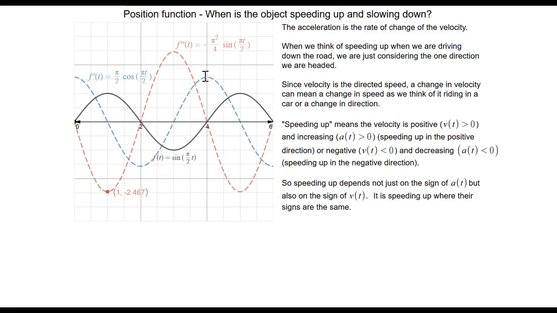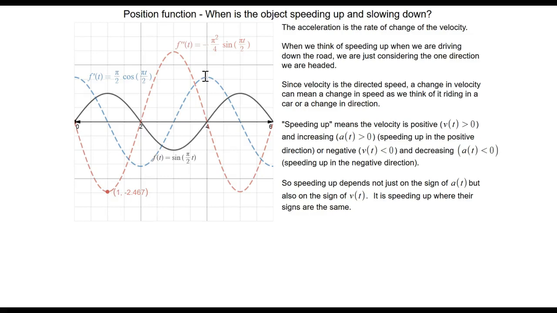But also, speeding up could be putting the car in reverse and gunning it, right? So your velocity is decreasing in the negative direction, but you're still speeding up in that negative direction.